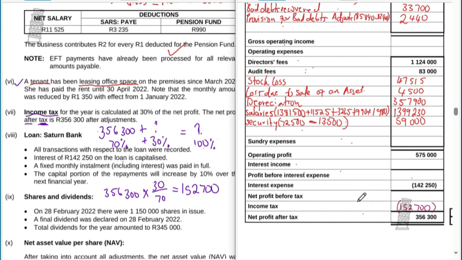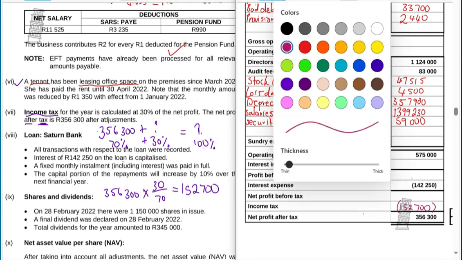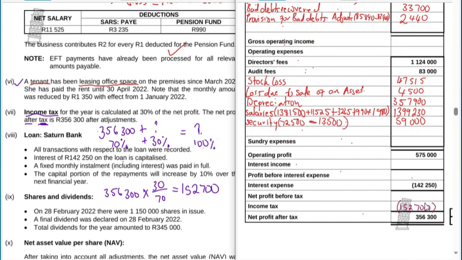We can say 356,300 plus 152,700, and then we have 509,000. And then guys, we can just continue and use an up method in this case.